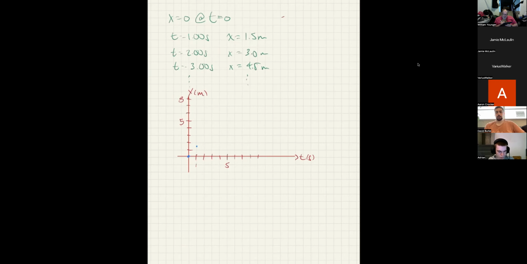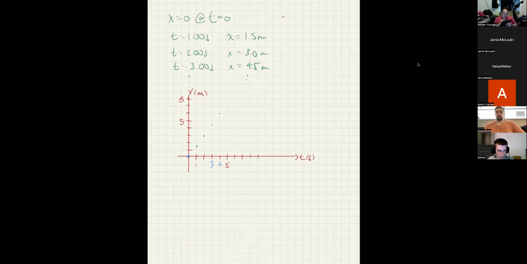So I will go up to here. And then at 3 seconds, it was up to 4.5, which is right here. Now, if I go up another second, it should go up again. And this time it'd be 6. So if I go up to 4 seconds, it's going to be up to 6 right here.